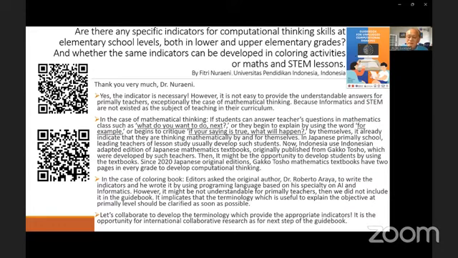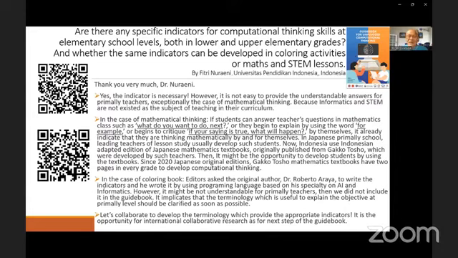However, it might not be understandable for primary school teachers because primary school teachers are not specialists in informatics. Then we did not include it in the guidebook, even if it is well written, well done. Then it implies that the terminology which is useful to explain the objectives and the indicators at primary school level should be clarified as soon as possible.